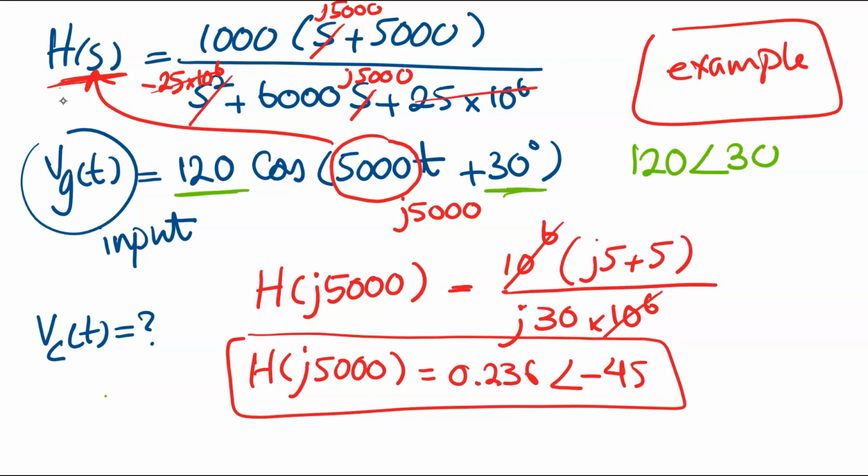So you have to use the magnitude and the angle. The next step is multiplying the phasor coming from your input and the phasor you get from plugging your frequency, j frequency, into your transfer function.